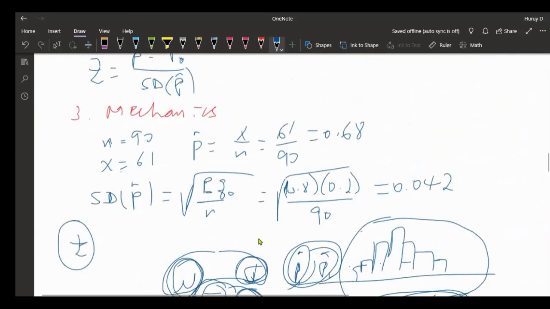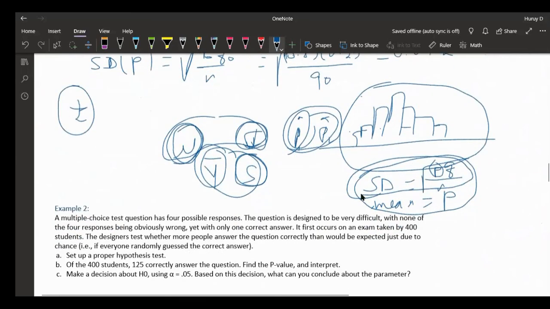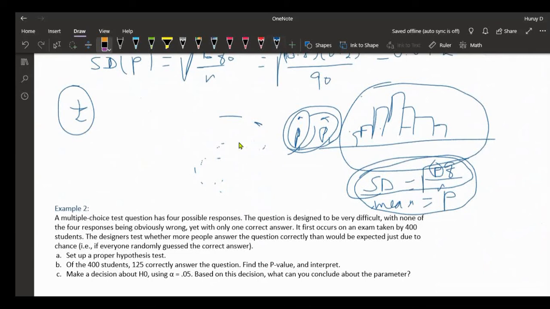All right, now the next question is, what is our z-value?